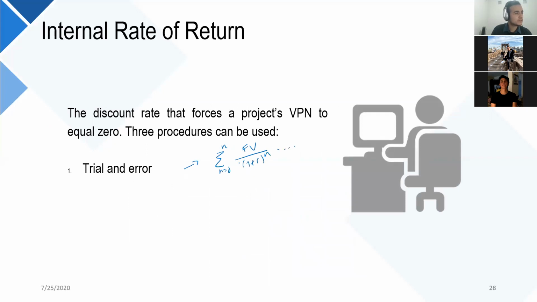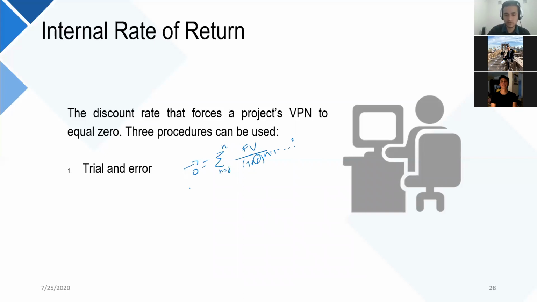And this will be 1, and then you have 2, 3, 4, 5, and so on. And the first thing that you can do is plug in different rates in here to try and find this equal to 0, okay? And you will do a lot of algebra to do that. So that's a way to do it.